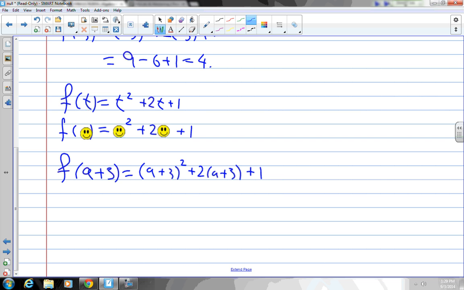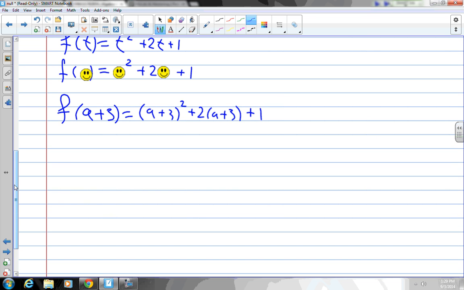So again, it replaces the variable. This is a, by the way. That looks like a 9. Can we expand that? How do you square a plus 3? Foil it.